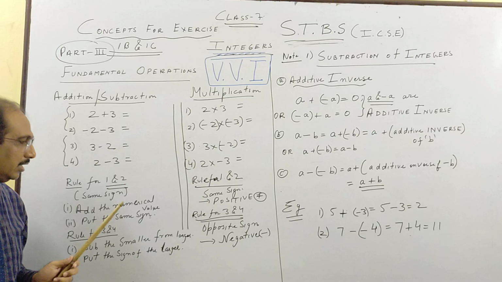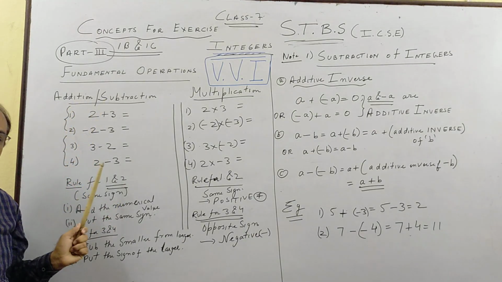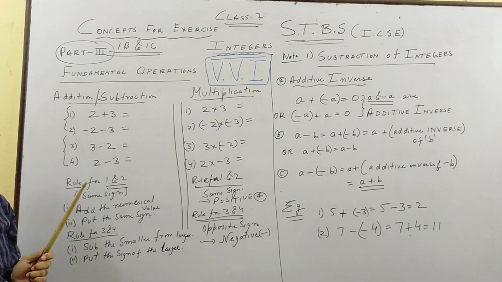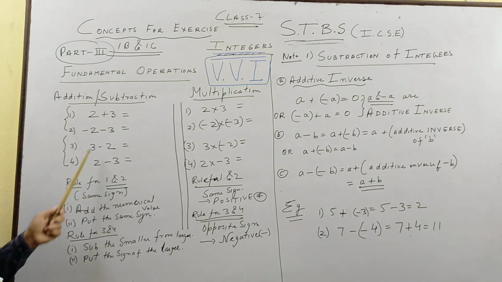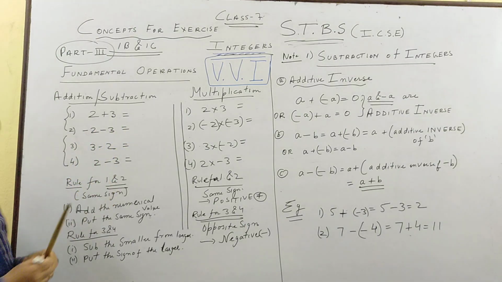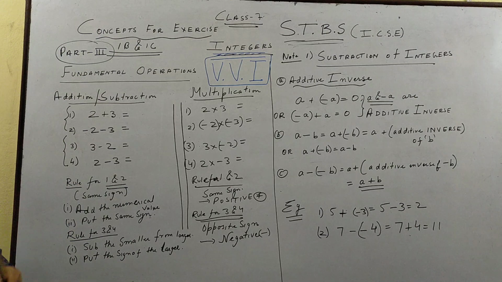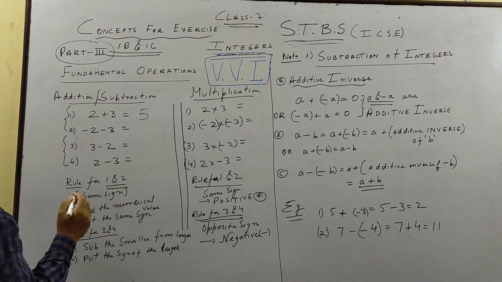So let us start with addition and subtraction of integers. Any standard book you see, you will get the detail. This is what I have taken out the gist for you. This is very easy, children. 2 plus 3 is 5. No doubt.